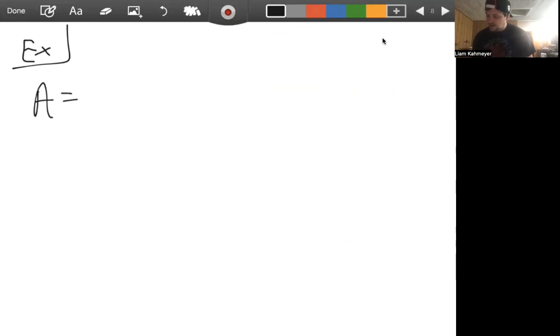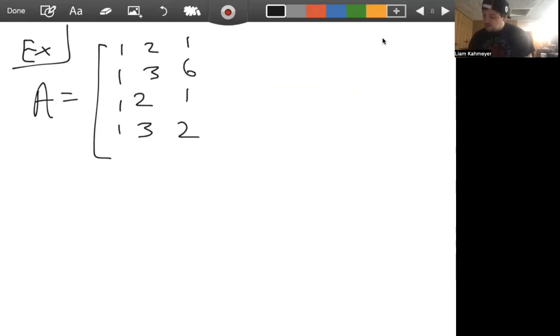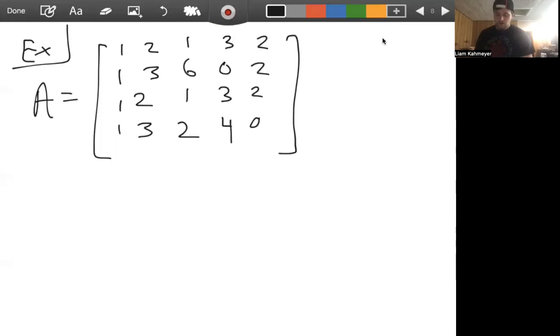Here, A is going to be the following matrix: 1, 1, 1, 1, 2, 3, 2, 3, 1, 6, 1, 2, 3, 0, 3, 4, and 2, 2, 2, 0. For the sake of time, I probably won't convert this to reduced row echelon form.